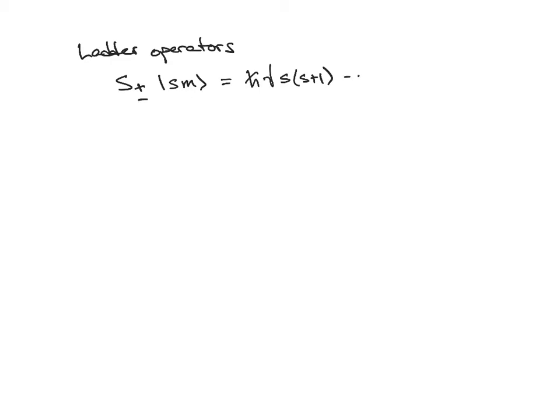Similarly, our ladder operators, either an increasing or a decreasing ladder operator, acting on some function of s and m, give us h bar times the square root of s times the quantity s plus 1 minus m times m plus or minus 1, depending on whether we're using a raising or lowering operator. All of that is under the square root sign.